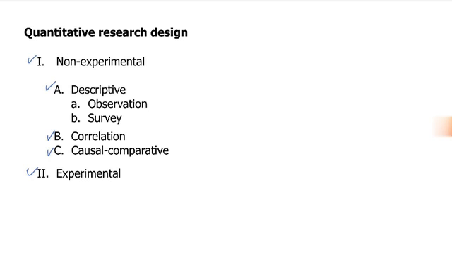Under descriptive, there's another two subcategories. Pwedeng gawin mo siya through observation or through survey. So I will walk you through each one of them. Para din sa dulo ng module, magkaroon ka ng kakaunting idea kung alin kaya yung pwede kong gamiting research design dun sa research study na gusto kong puntahan.